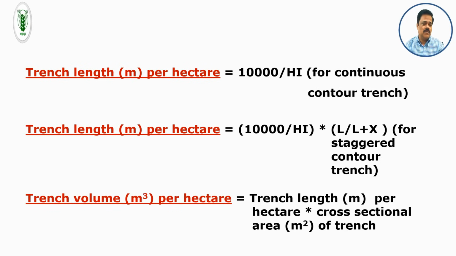So ultimately, the trench volume in cubic meters is equal to trench length per hectare multiplied by the cross-sectional area of the trench. If you know the earthwork volume, you can calculate the total cost by multiplying the total volume and the price per cubic meter of earthwork.